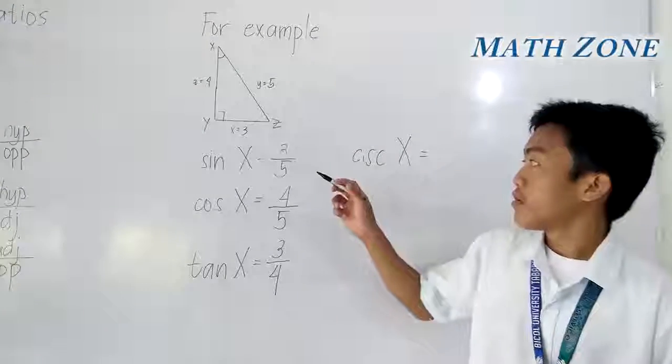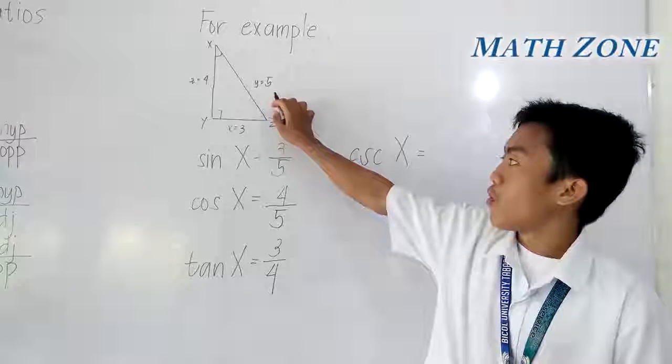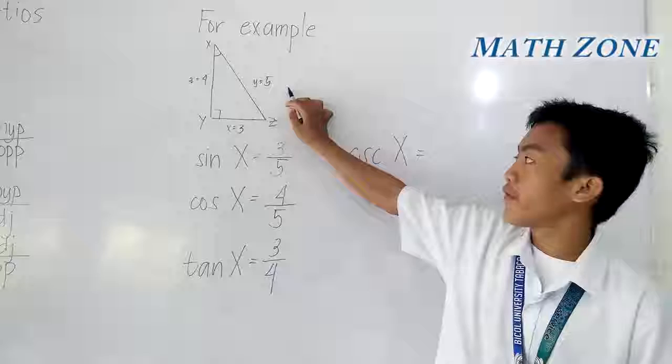Cosecant X is equal to the measure of the hypotenuse over the measure of the opposite side, which is equal to 5 over 3.